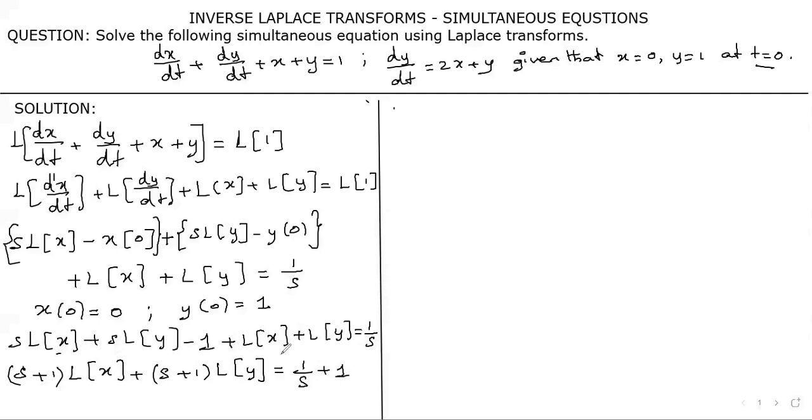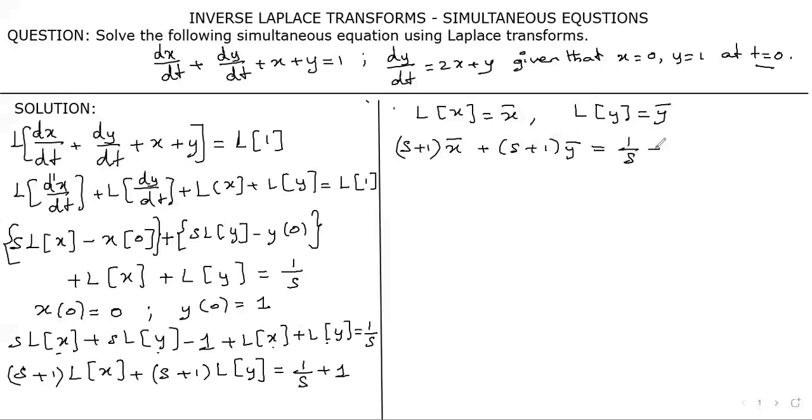I've taken L of x commonly, so its coefficient is s plus 1, and similarly for L of y. Now we can denote L of x as x bar and L of y as y bar to avoid confusion. So the above equation can be written as s plus 1 x bar plus s plus 1 y bar equals 1 over s plus 1.